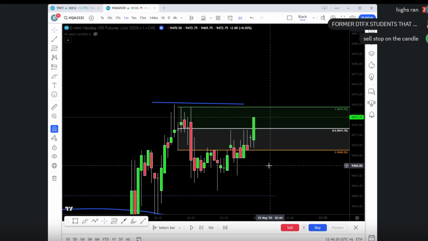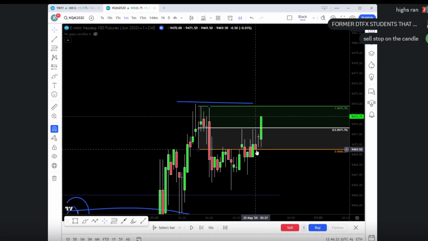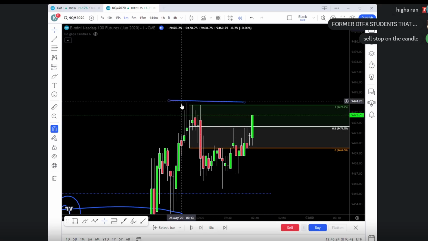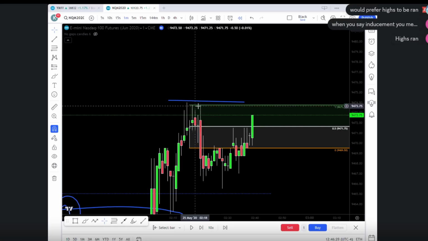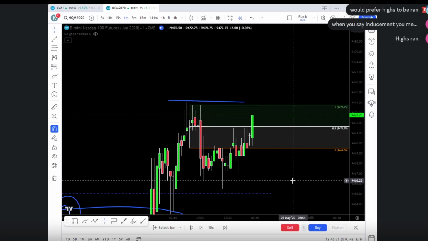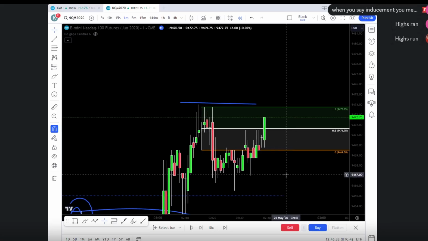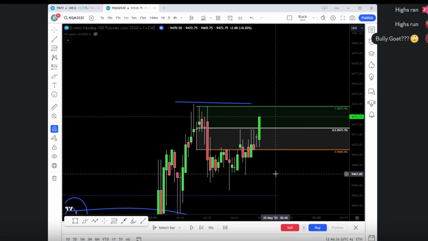Okay, some people are saying still stop below here. Some people are saying highs expected, right? We've got a double top here, right? A lot of people are expecting the highs to get ran, okay?